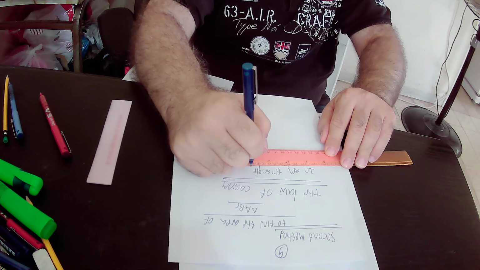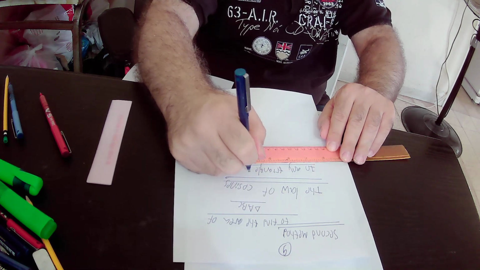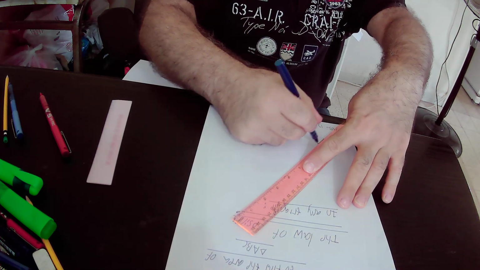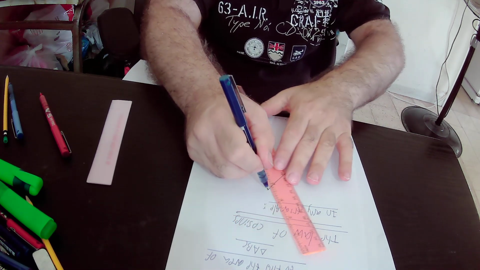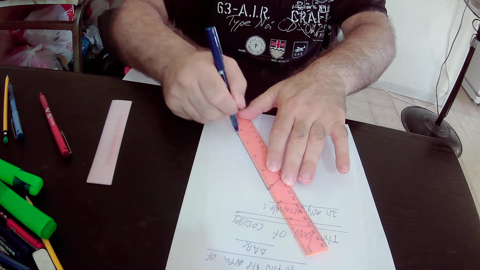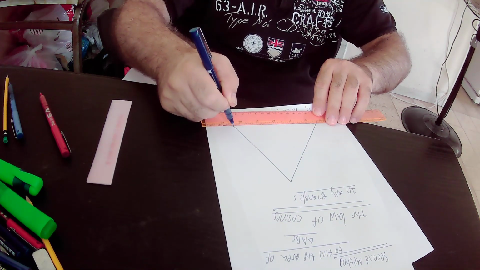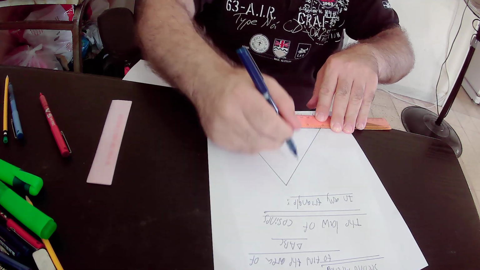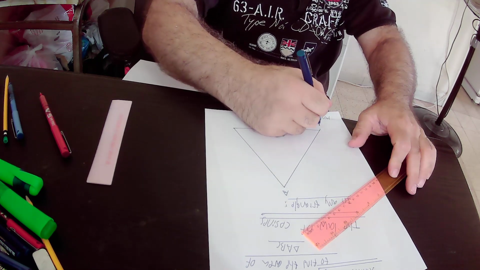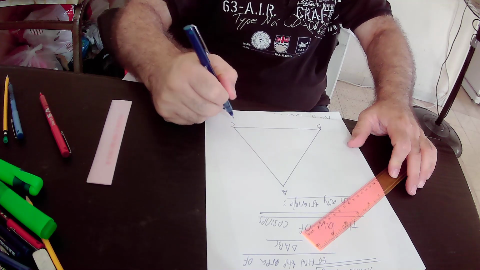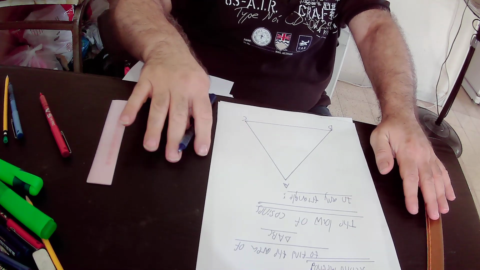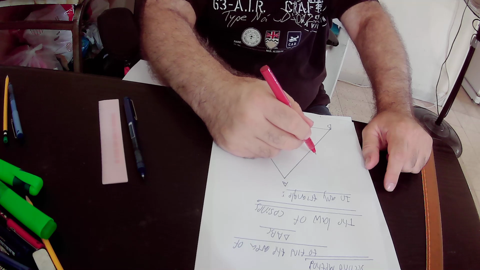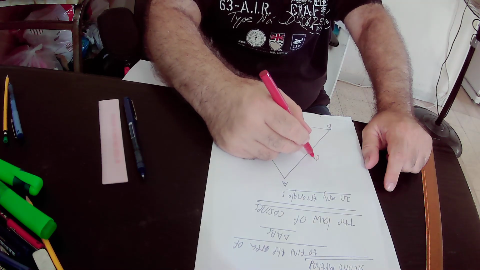So in any triangle, if you have a triangle ABC, and we know that side AB of this triangle is A units in size.